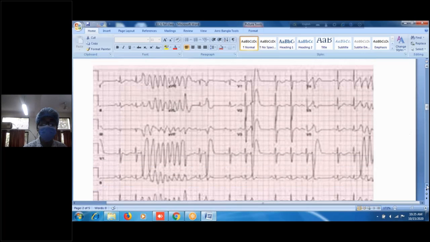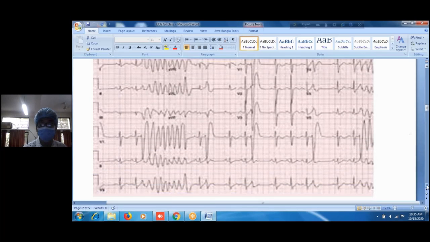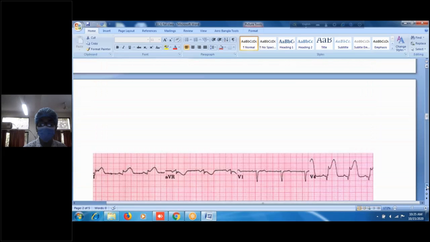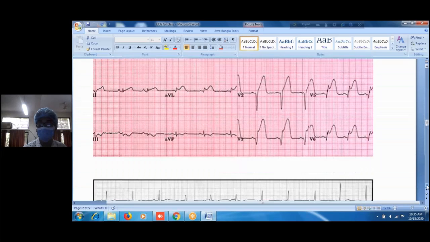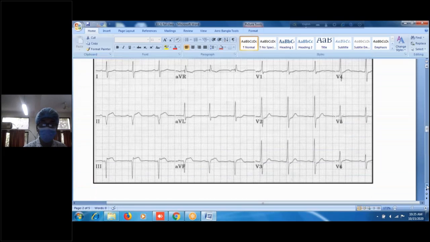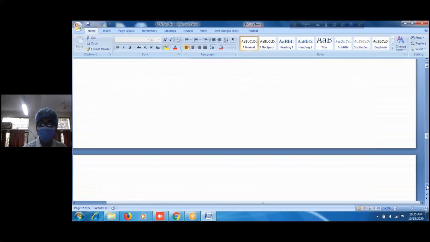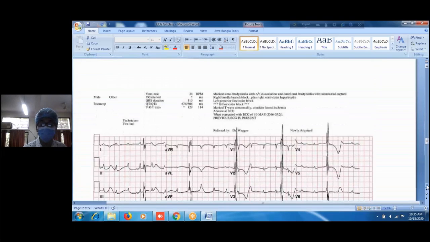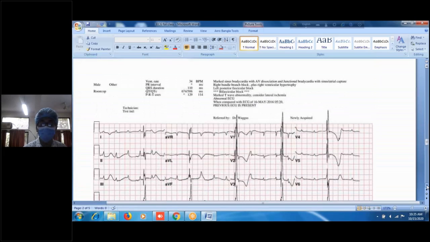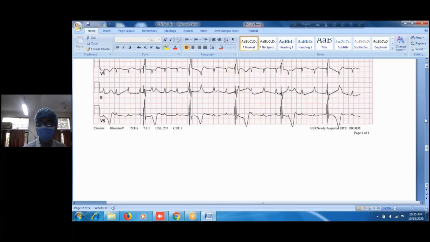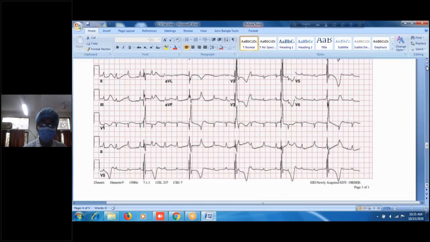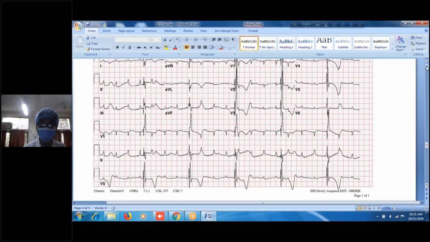Simple questions are asked from that particular ECG. This is an important issue.